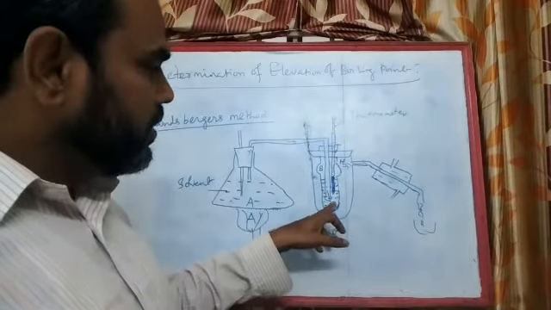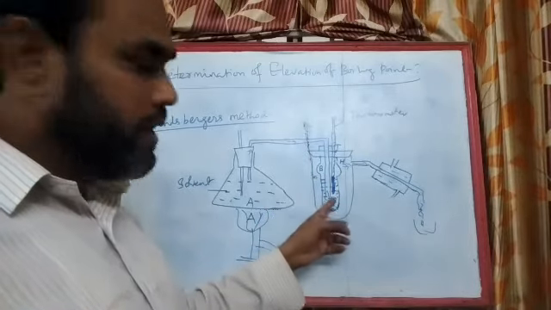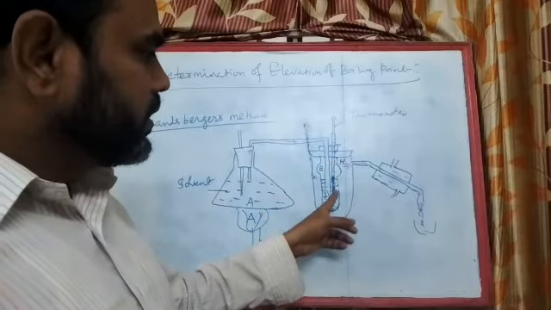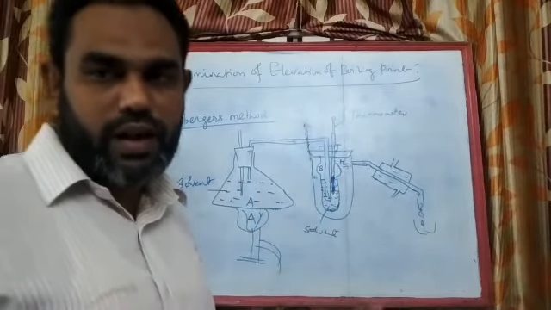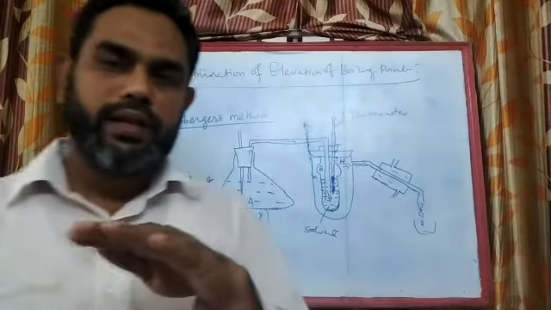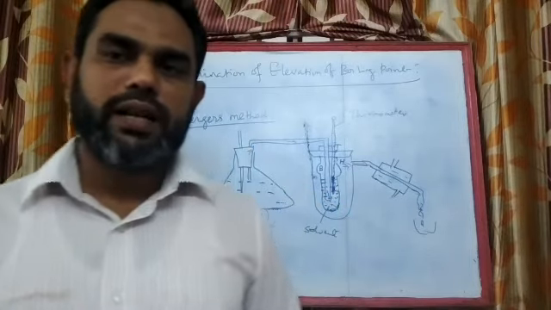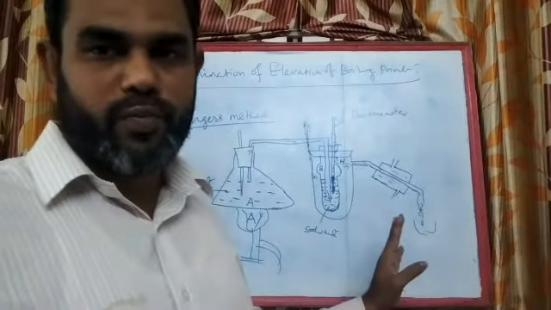So the solvent, by taking up the latent heat of condensation, boils, so the temperature slowly rises and maintains a constant value and starts boiling. When the solution starts boiling, the temperature remains constant. So that temperature is noted as the boiling point of the particular solvent.